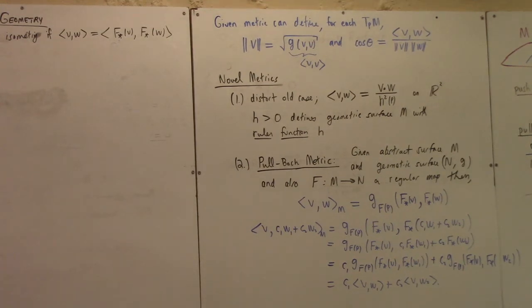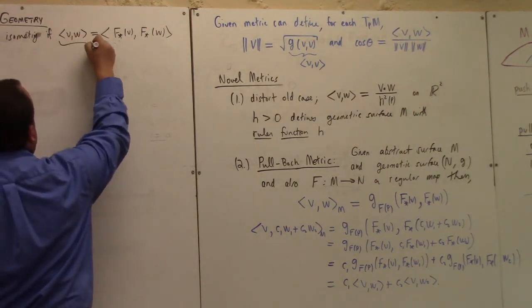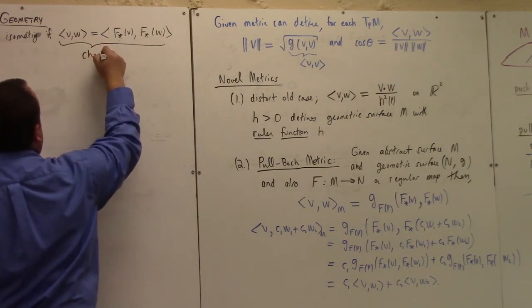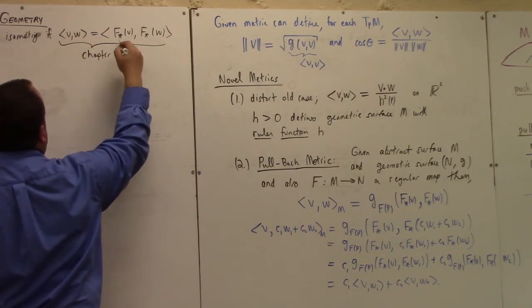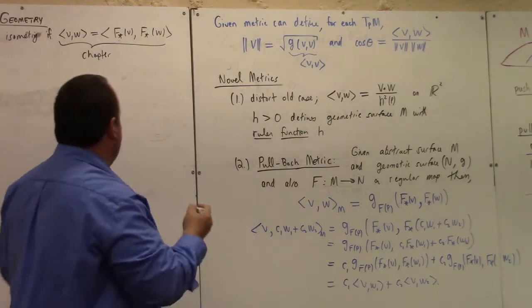So now we have to expand this definition a little bit. If we have two geometric surfaces, they're locally isometric if what? This was previous, chapter 6, right? Or 5 maybe, I can't remember. 6, okay.